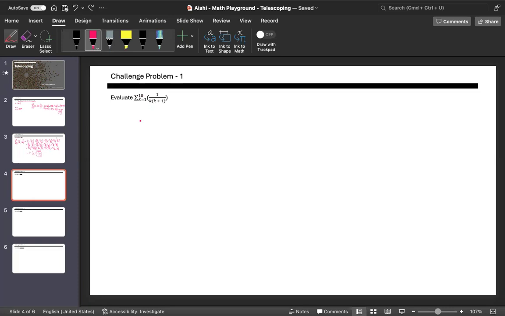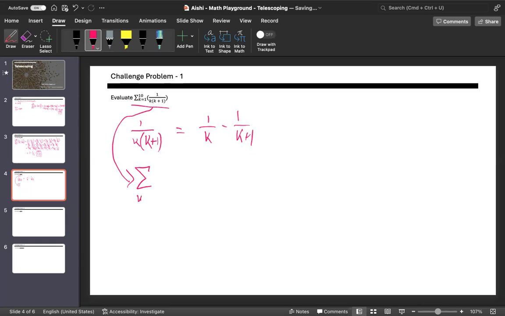So 1 by k times k plus 1 is also equal to 1 by k minus 1 by k plus 1. So we can write this thing over here as sigma k is equal to 1 to 10 of 1 by k minus 1 by k plus 1.